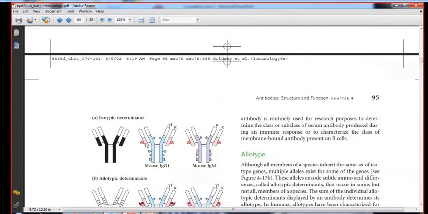If you compare between the heavy chain or the light chain of mouse IgG with that of the mouse IgM, because in both cases they are mouse, as a result the constant region of all antibody molecules are basically present in 5 categories: IgG, IgM, IgD, IgE and IgA, and all of these antibody molecules contain a similar type of constant region.